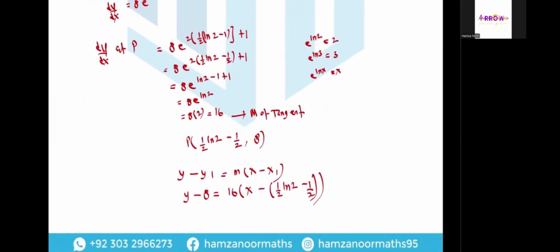All right, so y minus 8 equals 16x minus what? 16 times half ln 2, meaning 8 ln 2. And then plus 16 into half, because this minus sign is multiplied by minus half. So 16 times half is 8.